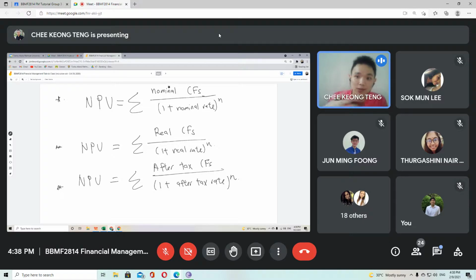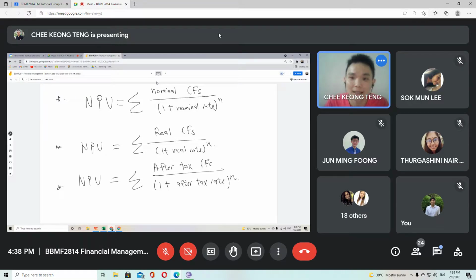For example, the question tells you the selling price increases due to inflation every year. So the question gives you nominal cash flows, but sometimes below, the question could give you a real rate. If you use the real rate as the discount rate directly, using nominal cash flow discounted by real rate, your answer is wrong.